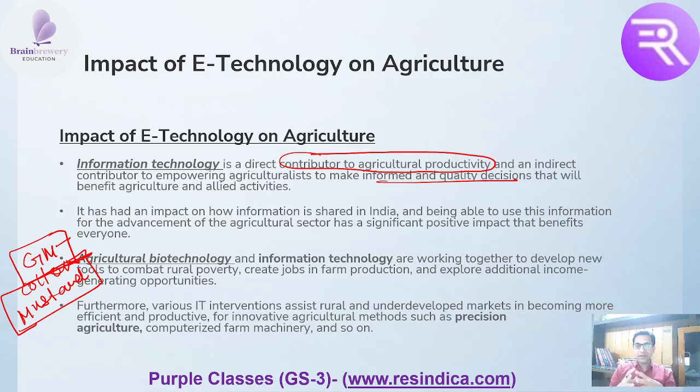It is helpful in fighting the crisis of the agriculture sector, because right now we are dealing with a lot of climate crisis and various other crises. So biotechnologies and the use of information technologies will help make better informed decisions. It will also help in combating rural poverty, and it will create new jobs in various areas, because farm production will become more and more controlled with ICT enabled tools.